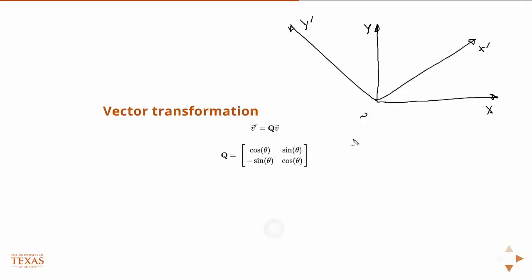So when I write the equations, x prime equals cosine theta x plus sine y, y prime equals minus sine x plus cosine y, z prime equals z. Then when you put it in matrix form, you get what I wrote out.